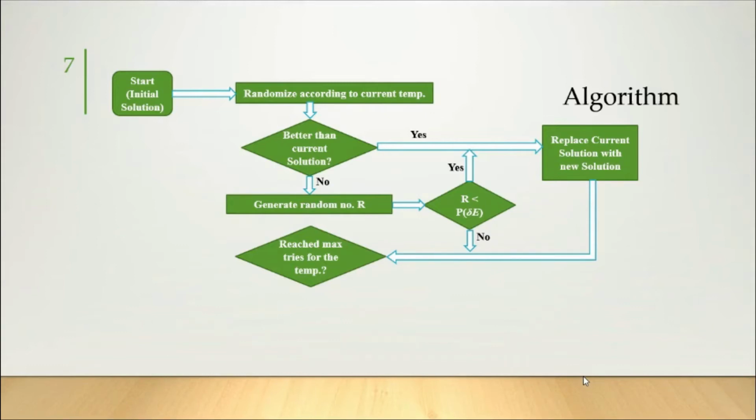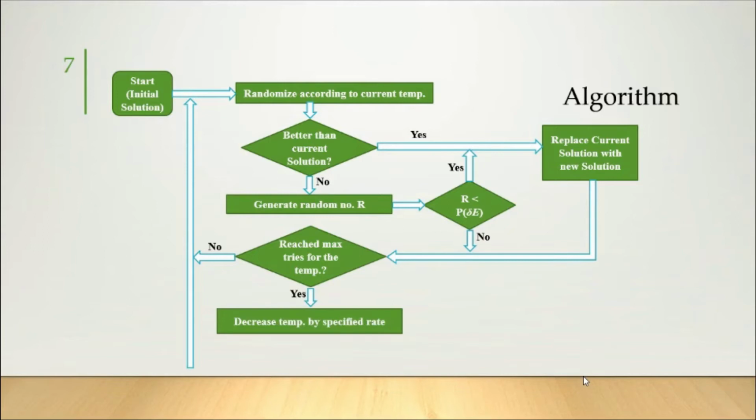Then we check whether we have reached the maximum iterations for that particular temperature T. If not reached, then we go back to the initial step, that is, we randomize according to the current temperature. And if the number of iterations using the current temperature is reached, then we decrease the temperature by a specified rate.